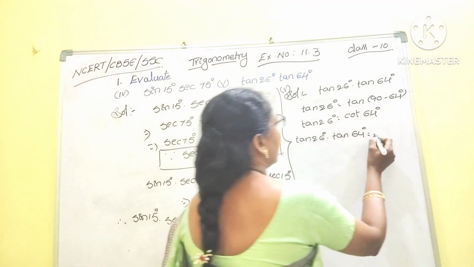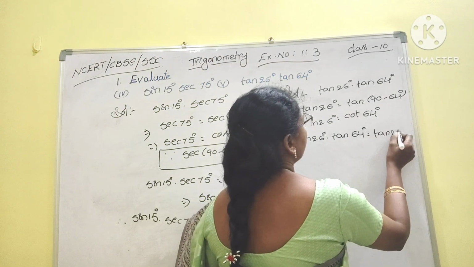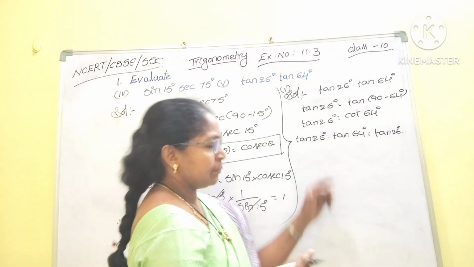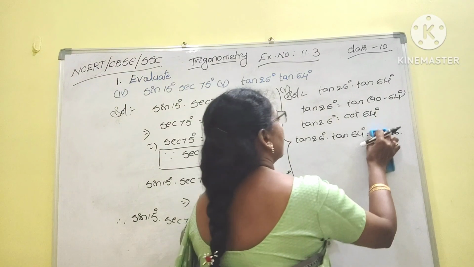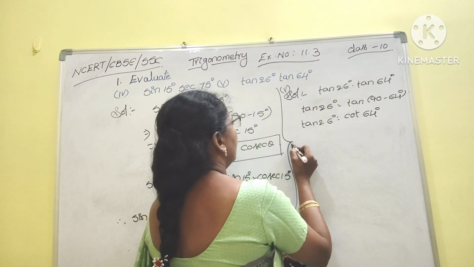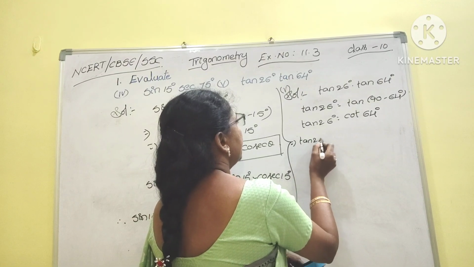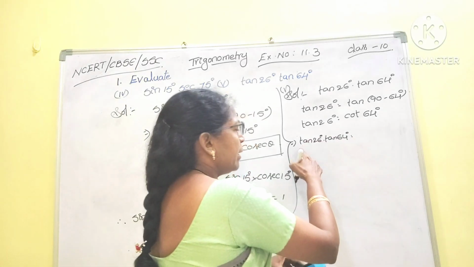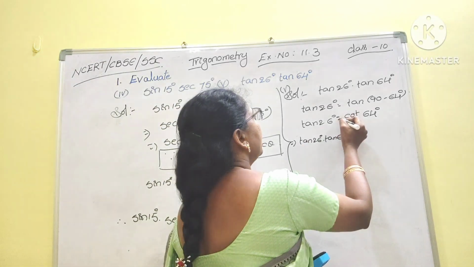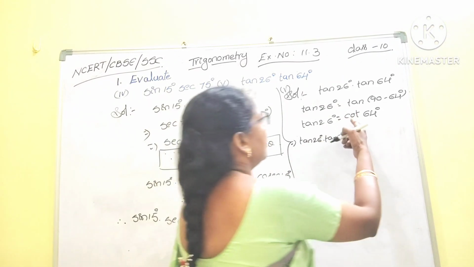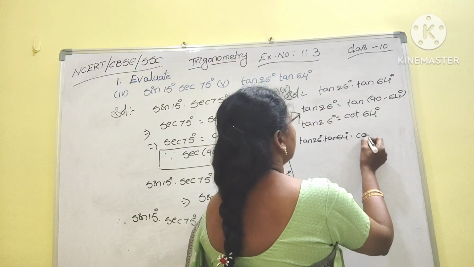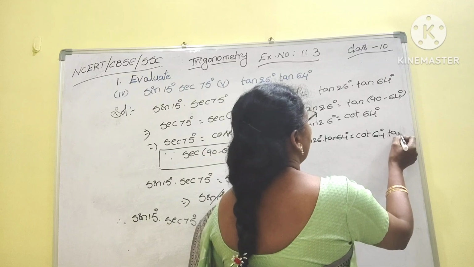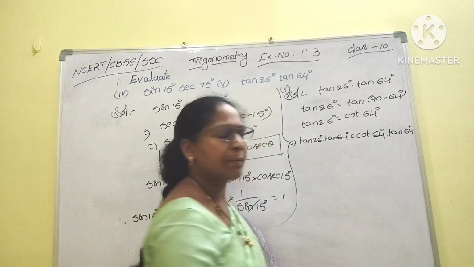The first one I have changed, so you substitute this value: cot 64 degrees into tan 64 degrees.